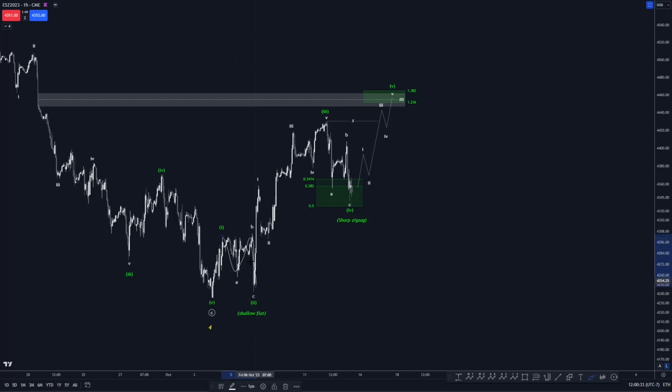Expanded flat, very shallow correction. And then when we look at the wave 4, very sharp zigzag. So nice alternation occurring. Internally, the structure is nice. Nice impulse here for the wave 3.